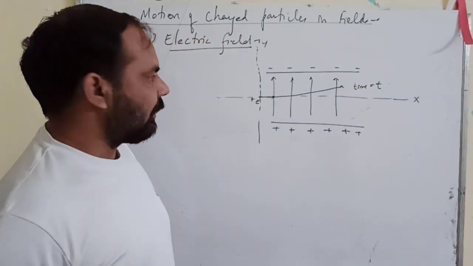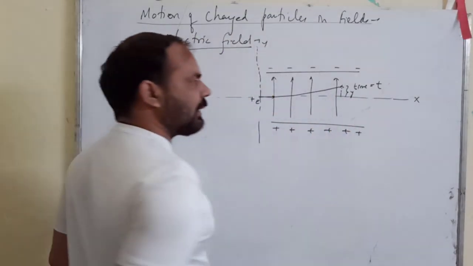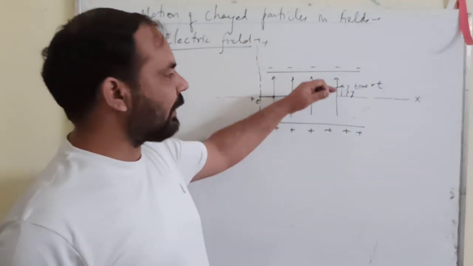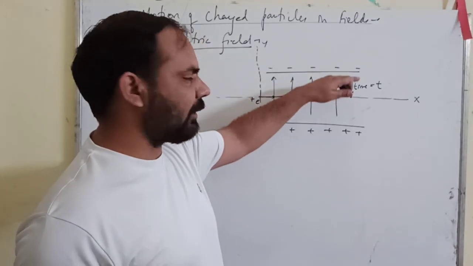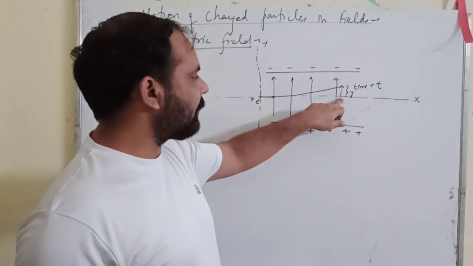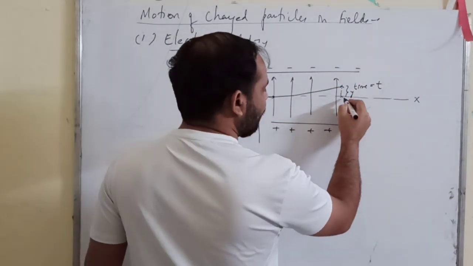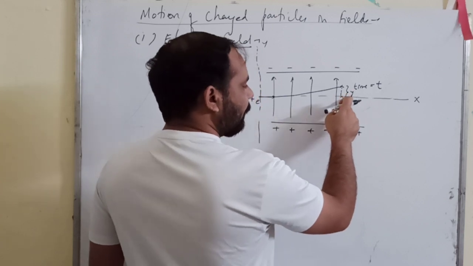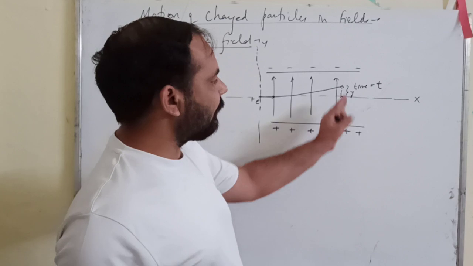Now let us suppose that this y represents the displacement of the particle from the original line. This much it displaced in time t, meaning at time t the particle was supposed to be here, but where is it? Here. So there is some displacement along the y-axis.